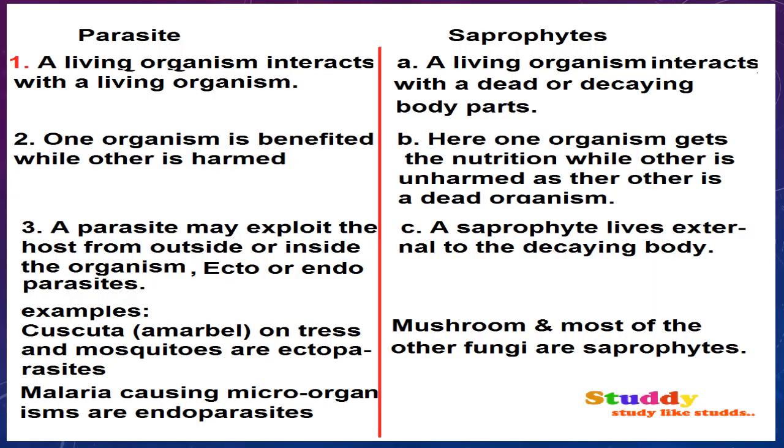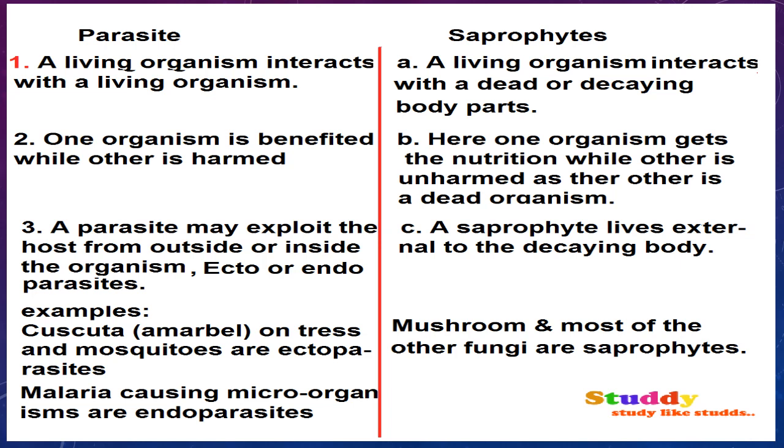So now let's see the differences between parasitic nutrition and saprophytic nutrition. We have seen that parasitic and saprophytic nutrition come under the heterotrophic nutrition of plants. Now, how each is different from the other, that we are going to see.